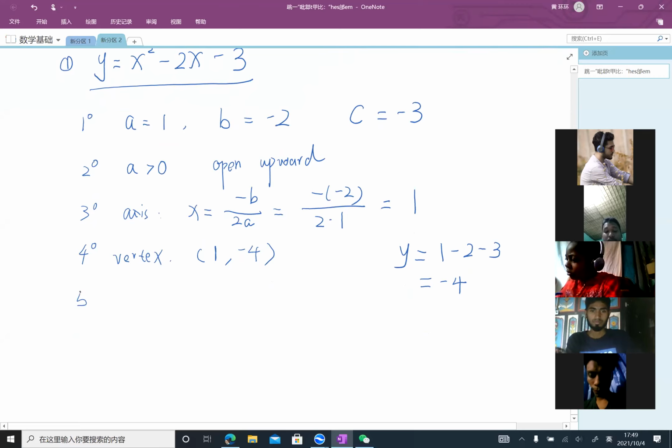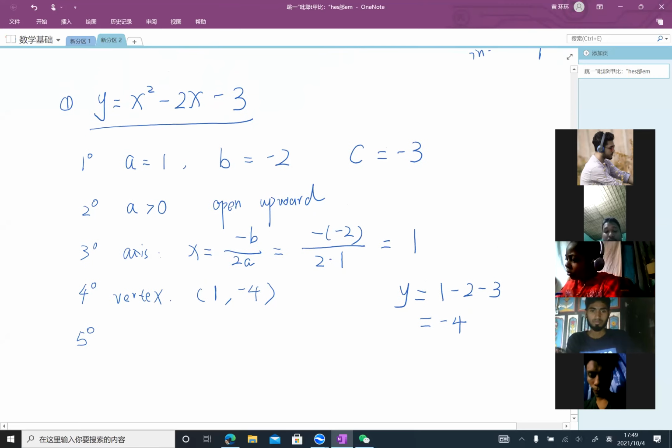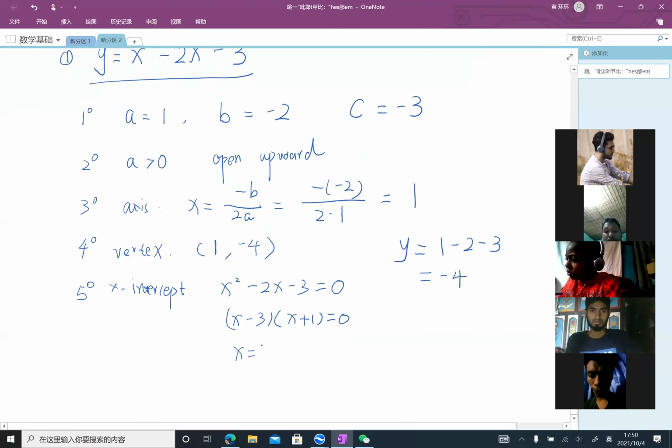Then we can get the x-intercepts. We let y be equal to 0 in this equation, so x squared minus 2x minus 3 is equal to 0. Then we get (x minus 3) multiplied by (x plus 1) is equal to 0. So x is equal to 3 or x is equal to negative 1.